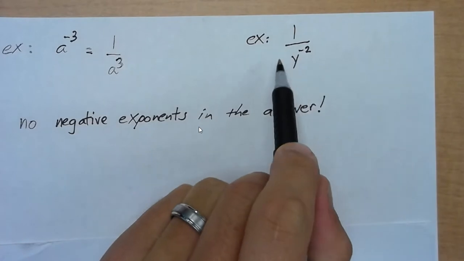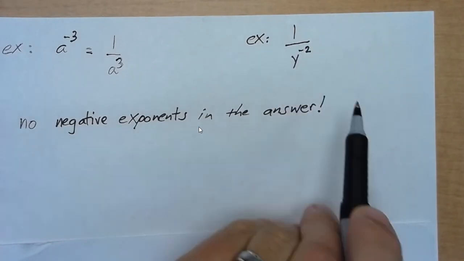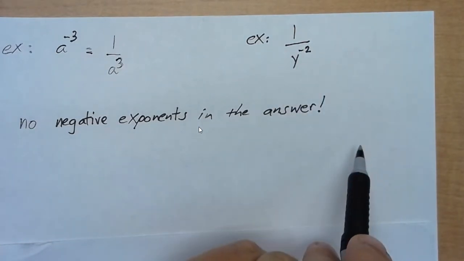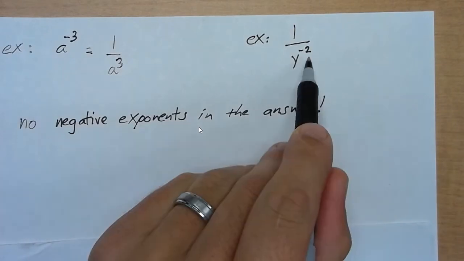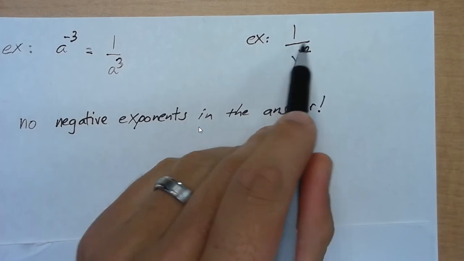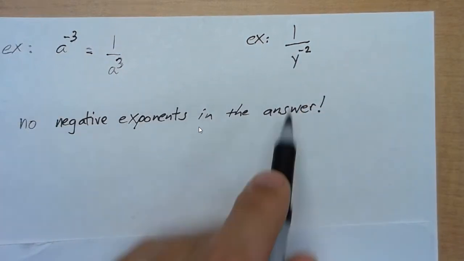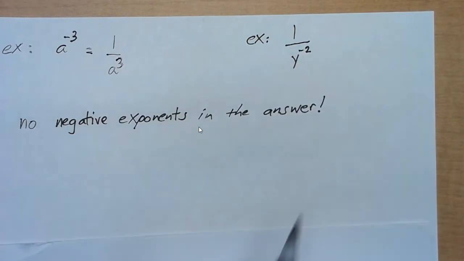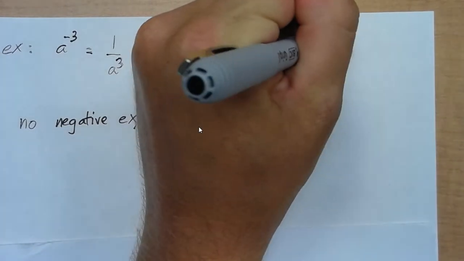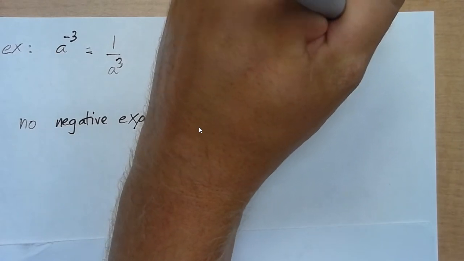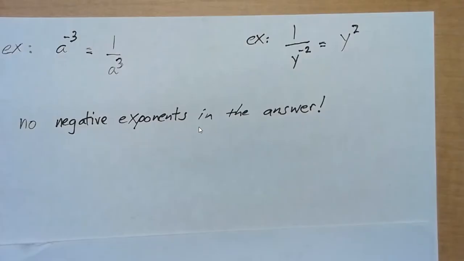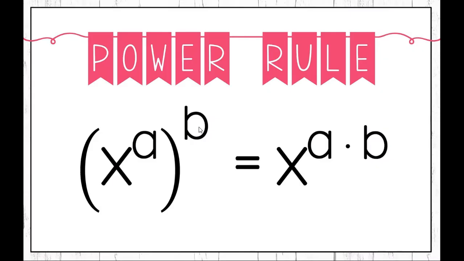Now we have a negative exponent in the denominator. In order to make this y to the negative 2 power positive, you have to make it switch its place. It's going to inverse, and since it's from the denominator, it's going to go into the numerator. And now we have just y squared. This is what's called the negative exponent rule.